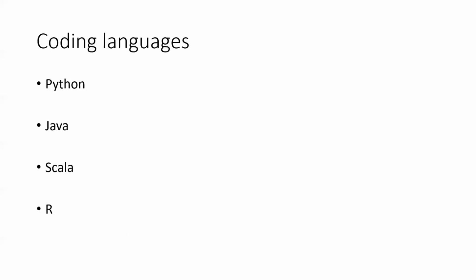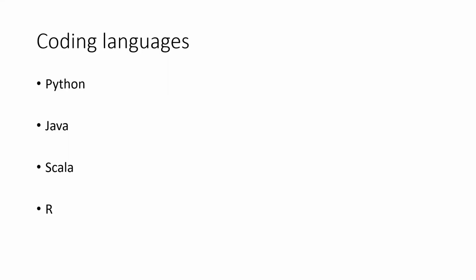Whatever code we are writing on top of Spark, there are four languages available: Python, Java, Scala, and R. Spark's internal language, how Spark is designed, is Scala. So if we develop the code in Scala, then it should be good.